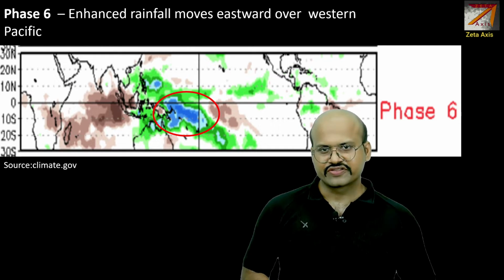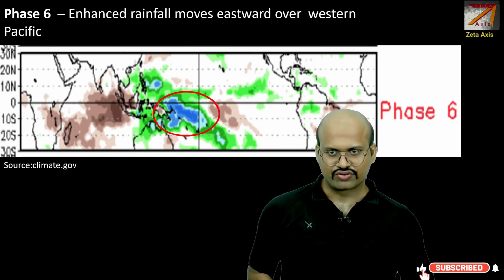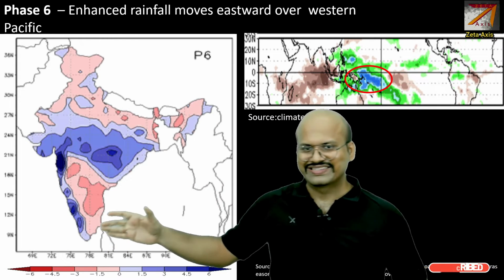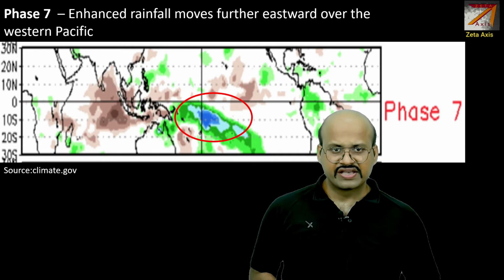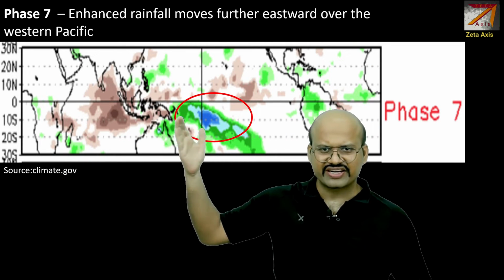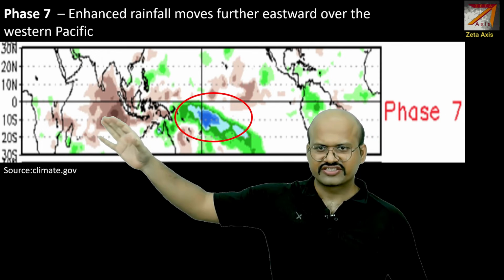Now in the sixth phase, we see that it moves further eastward over the Western Pacific Ocean. And now we can see that the rainfall region has expanded. In phase 7, we see that the MJO is now moving towards the Central Pacific region. We can see that the enhanced part is over here and the suppressed part is over here.